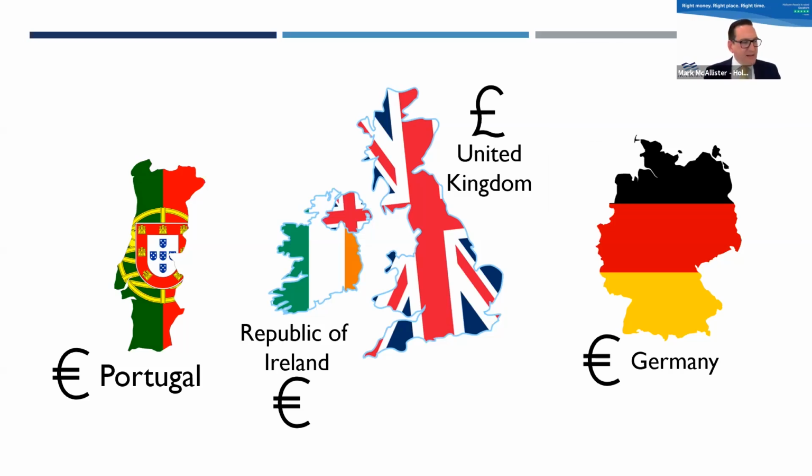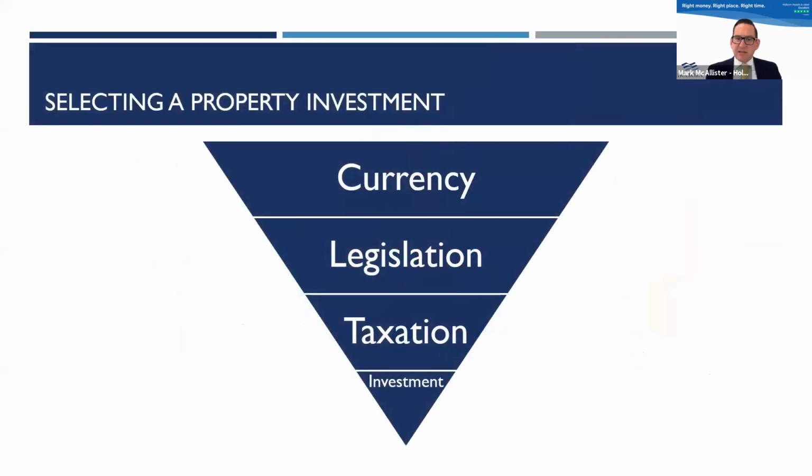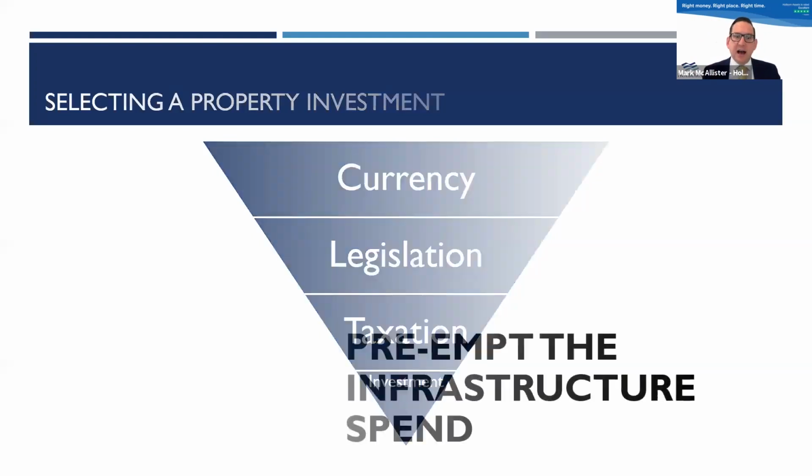So look, now that we've narrowed down to four countries, we have to look at the age-old property investor's trick. And what is that? Well, what you need to do is follow, investigate, do research and try and preempt infrastructure spend.